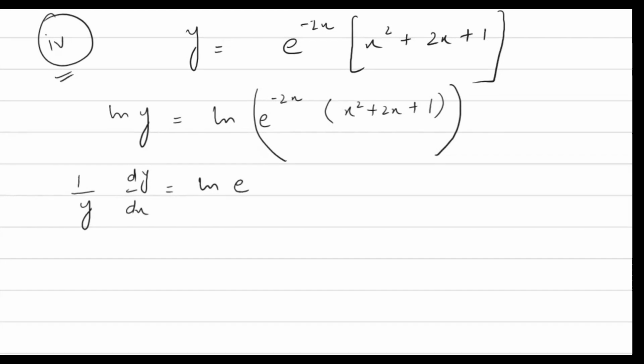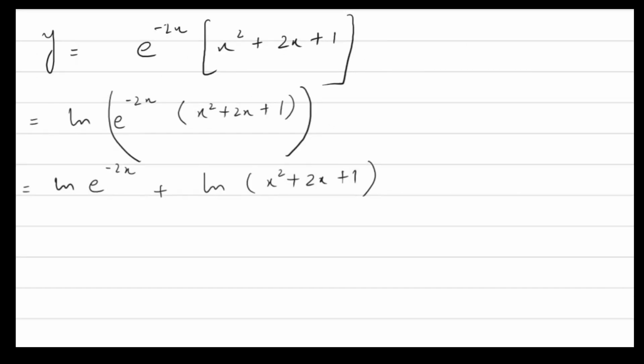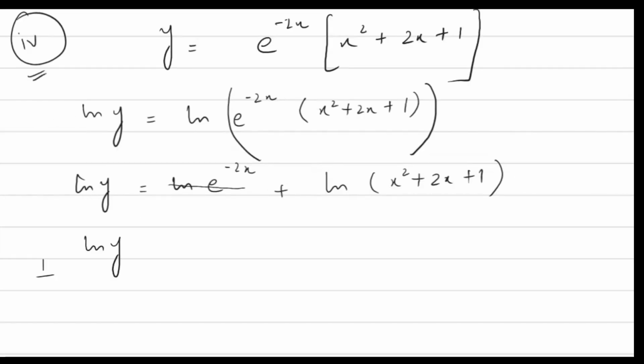So ln e raised to the power minus 2x plus ln x square plus 2x plus 1. ln e is equal to 1. We have ln y is equal to minus 2x plus ln x square plus 2x plus 1.